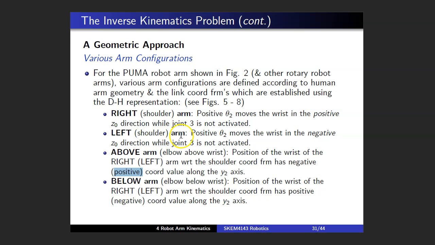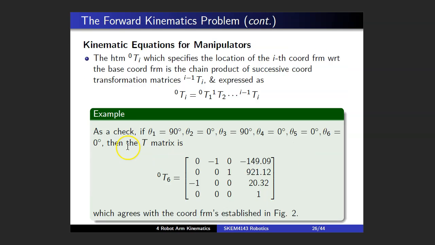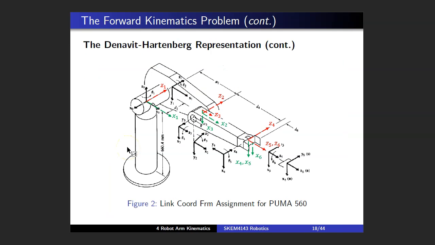According to the definition of left arm configuration, it says positive θ2 moves the wrist in the negative Z0 direction. So let's look at figure 2, positive θ2, negative Z0. So this is figure 2.